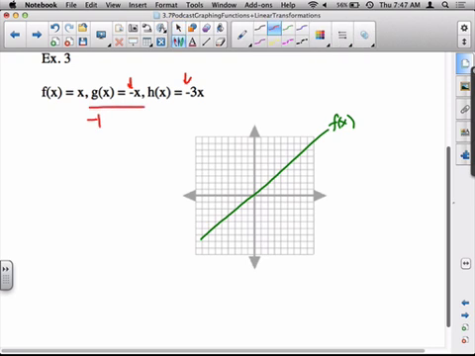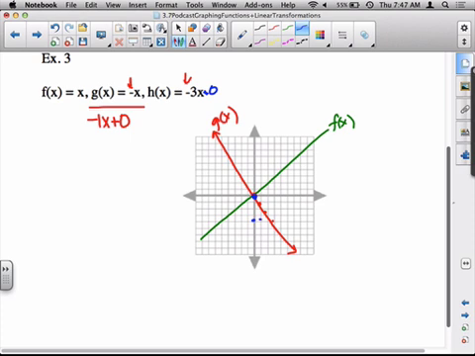Now, again, remember it's -1x plus 0. I just rewrote it. So -1x would mean I go down 1 to the right 1. Down 1 to the right 1. Okay, so this would be my g of x. And then my h of x is -3x plus 0. So again, 0, 0, but this time I go down 3. 1, 2, 3.